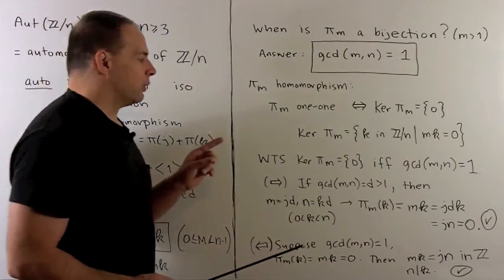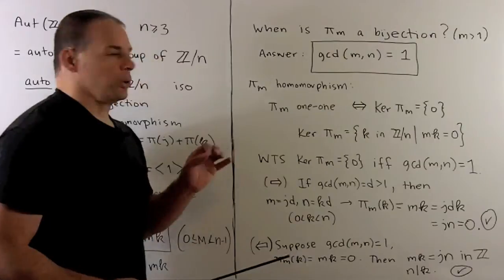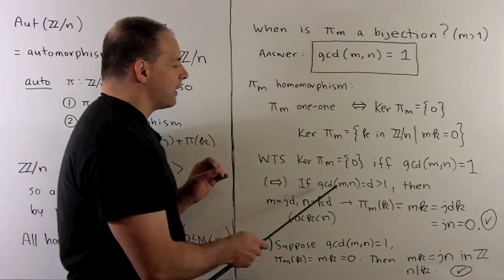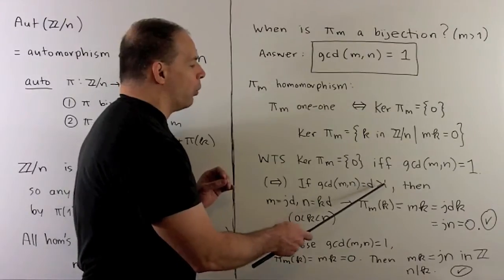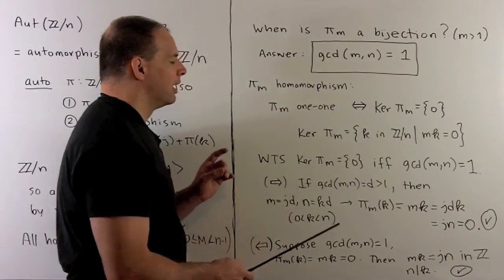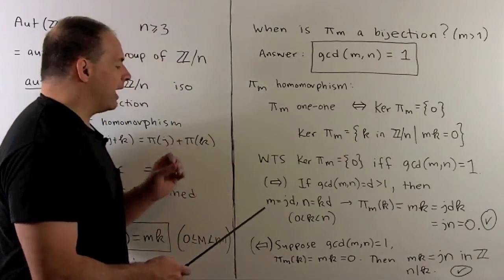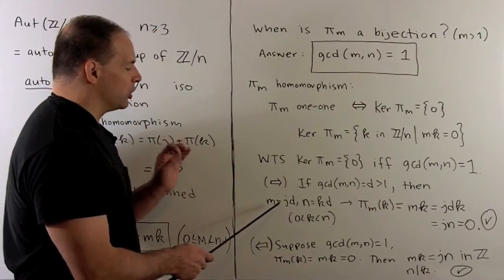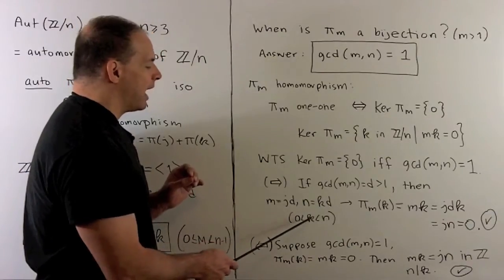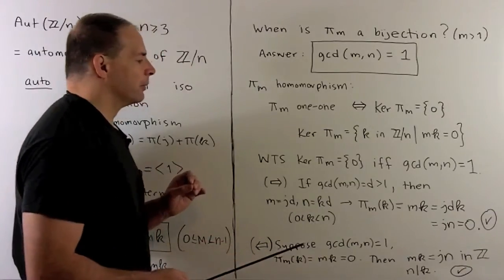To show this direction, I'll use contradiction. So let's suppose the greatest common divisor of m and n is equal to d greater than 1, and we're assuming the kernel here is equal to 0. Then we could write m as a product of two integers, j times d, and n as k times d, where k is between 0 and n.